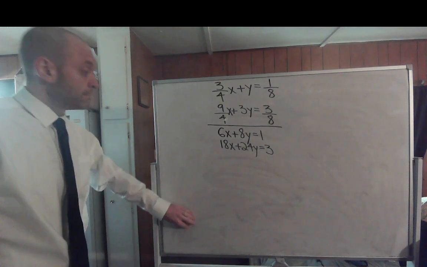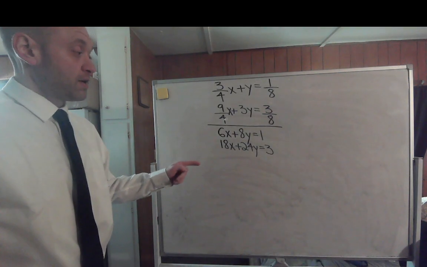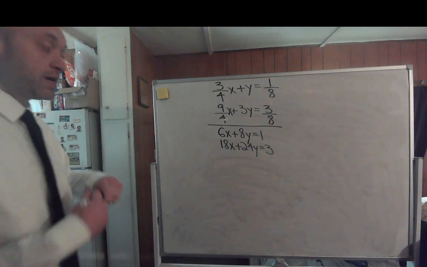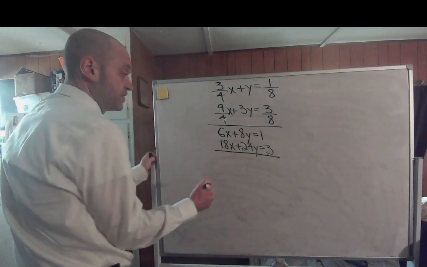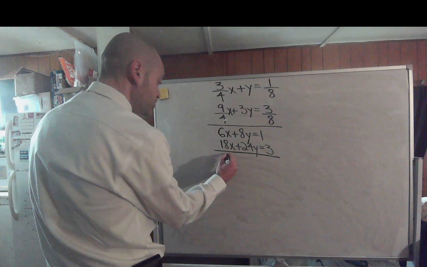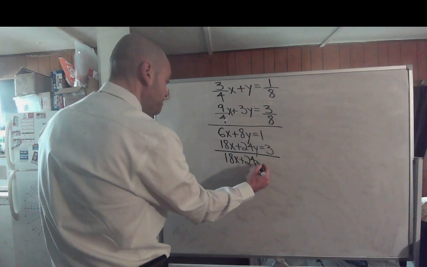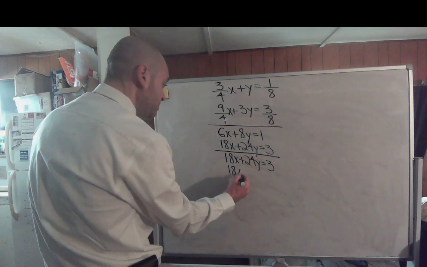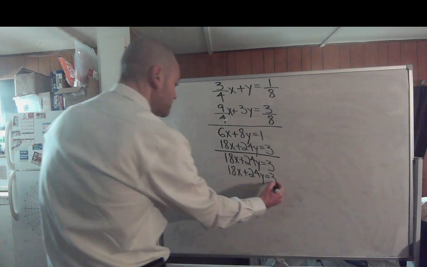Well, if you look here, if we multiply the first equation by 3, you'll actually end up getting the same coefficients for both. But let's go ahead and do that. Multiply the first equation by 3, you get 18x plus 24y equals 3. You can leave your second equation alone. That'd be 18x plus 24y equals 3.